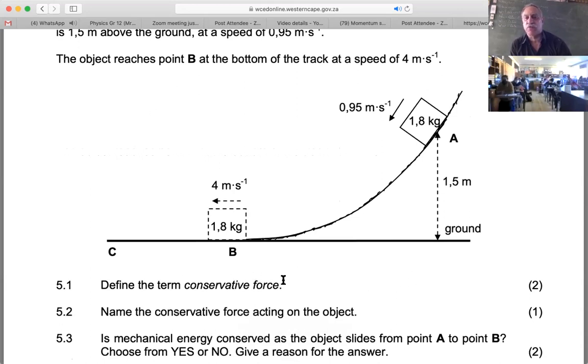Just a rough idea of what a conservative force is. Can anyone give me an example of a conservative force? Okay, so the force of gravity, where it doesn't matter about the path the force takes, that is a conservative force. So electrostatic force, gravitational force, a force where the pathway doesn't matter.